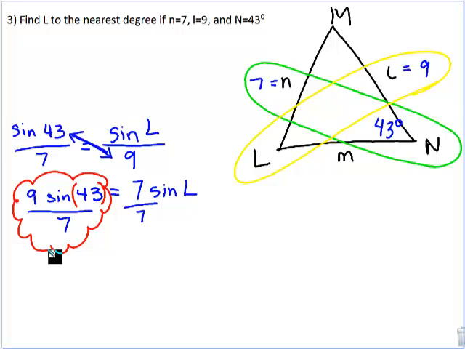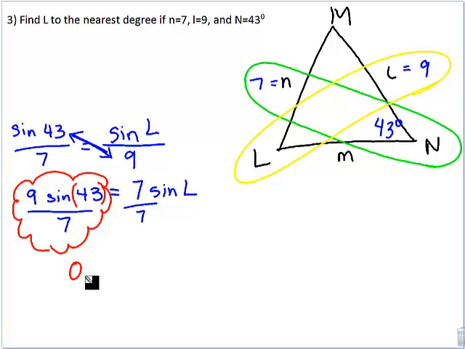Got 0.74. No, I didn't get 0.74. 7.5? No. You do 9 times sine of 43. Did you close your parentheses? Then just divide it by 7.